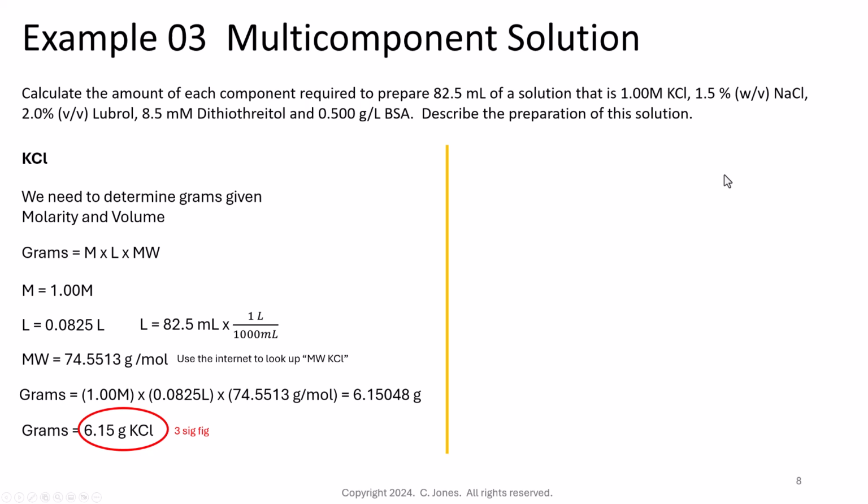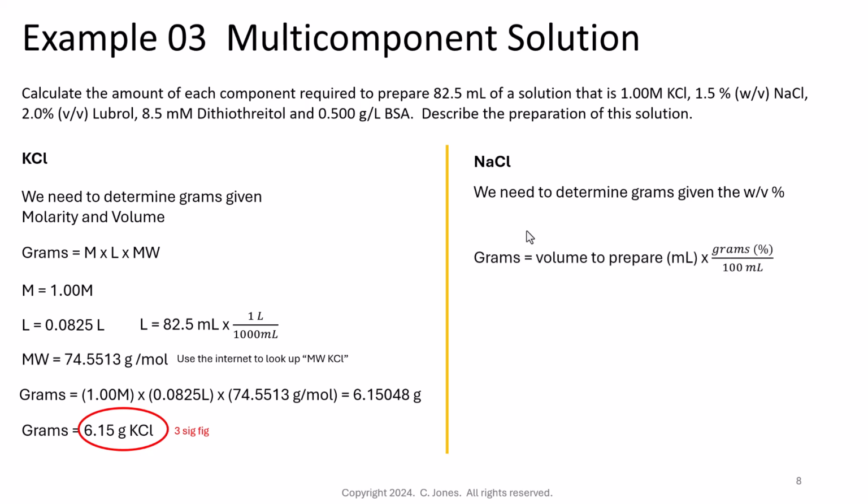NaCl. All right, so NaCl, in this case, is given to us as a percentage, a weight volume. So we need to determine the grams given the weight volume. So grams is equal to the volume to prepare in milliliters times the grams, that is the percentage, per 100 mLs, because now we have a percentage and the 100 mLs goes into the denominator.